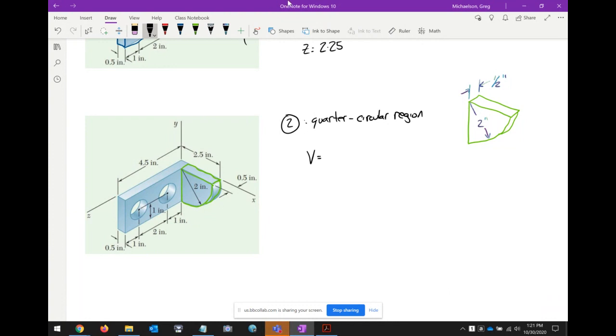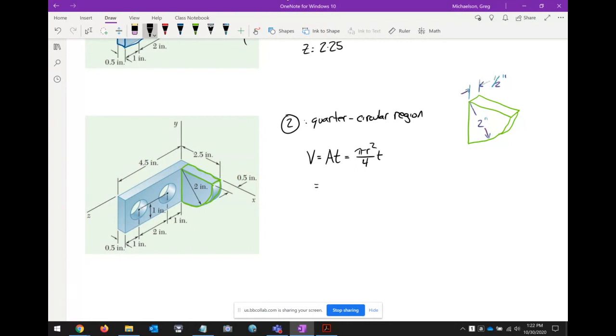And so if you're working this out, you're like, well, how do you compute the volume of this? Maybe one way of looking at it is the area times the thickness, right? Because basically all this is a region that's a half inch thick. And what is the area of that region? Well, it's a quarter circle, right? So the area of a quarter circle is pi r squared over 4 times the thickness.